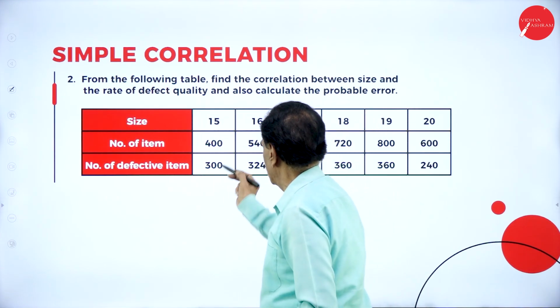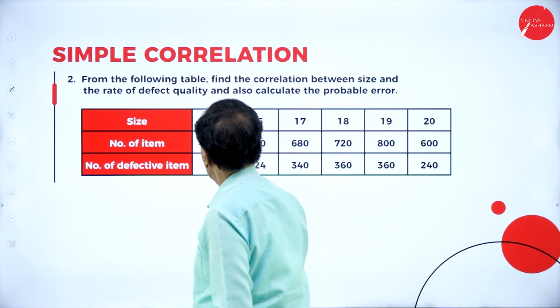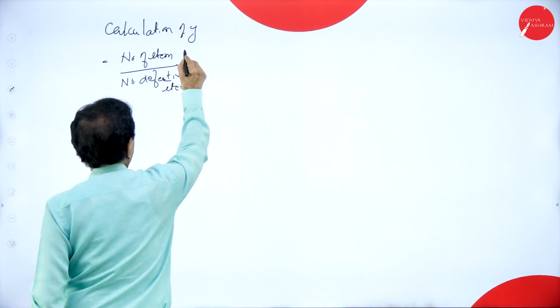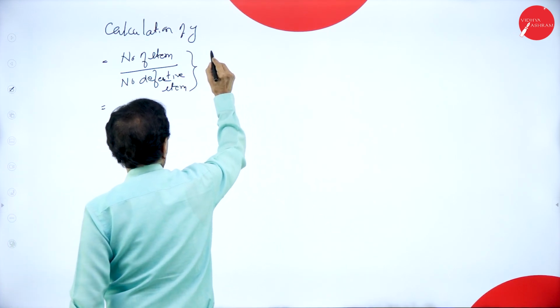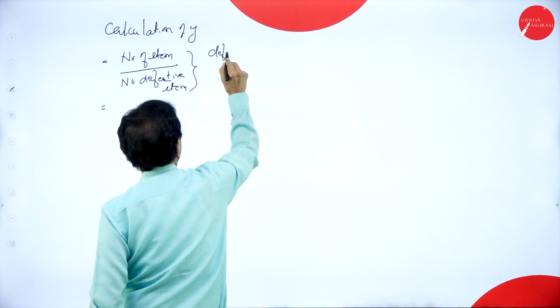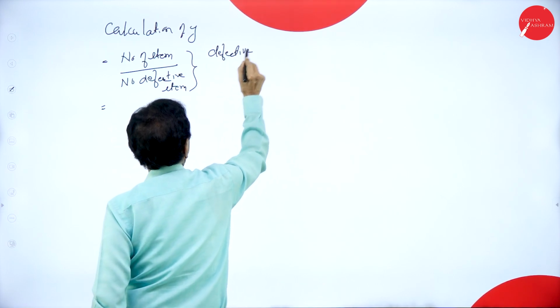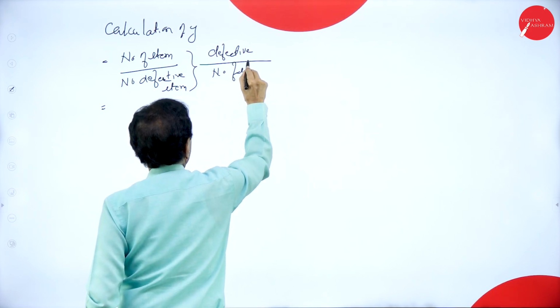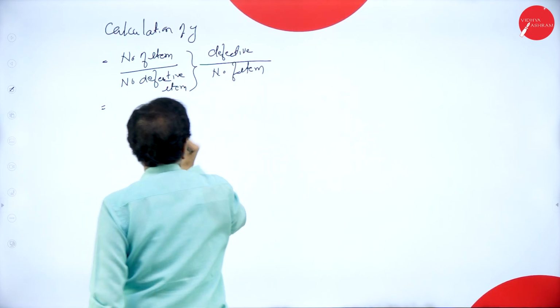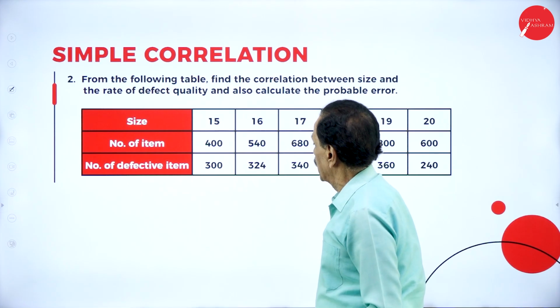Number of defective items is 300, for 400 items. This is given, so defective you have to calculate.